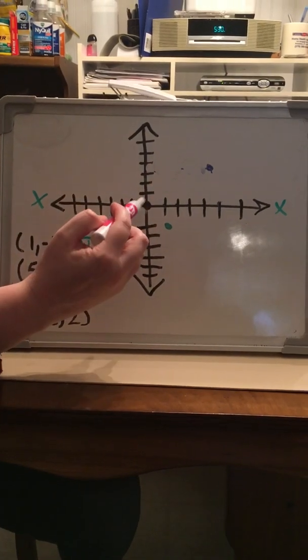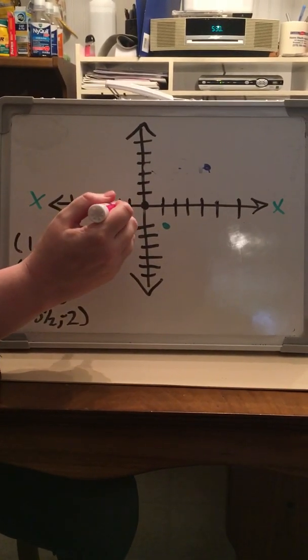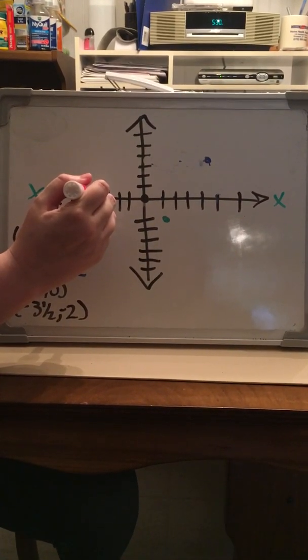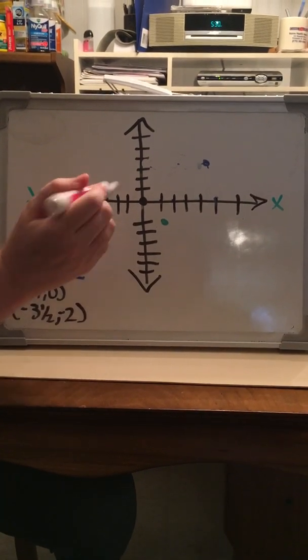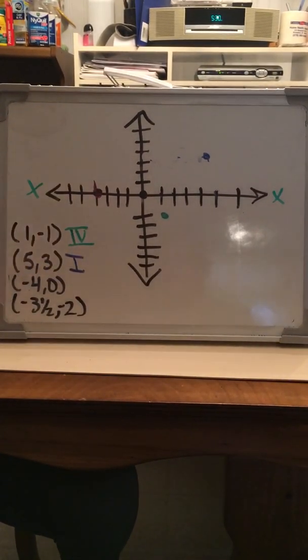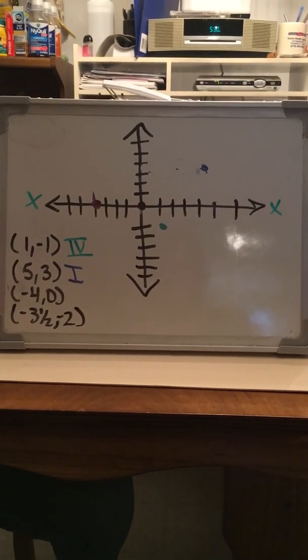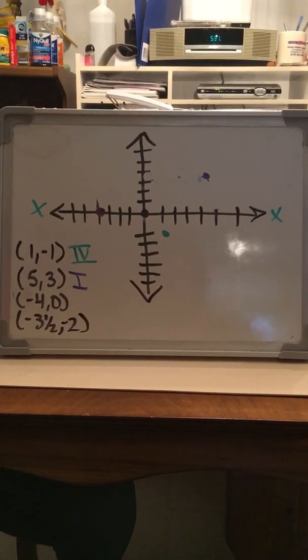I'm starting at the origin and going over -4. 1, 2, 3, 4. But did it tell me I was going up any? No, it didn't. So I'm actually staying right here on the axis. Sometimes you end up doing that, especially when you don't go up any, like 0. Every time you have a 0, you're going to stay on that line.